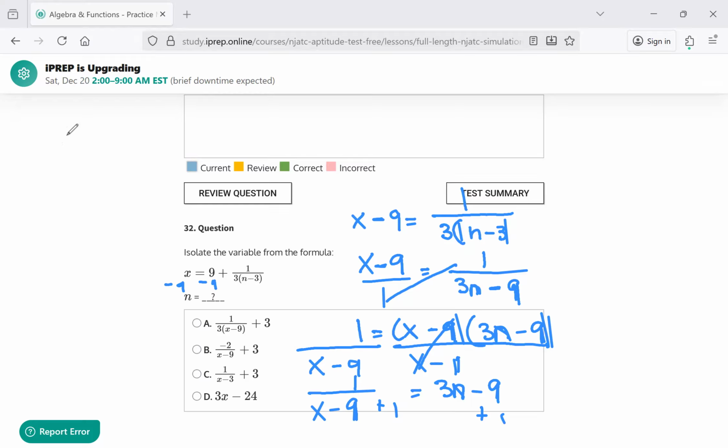So I have 1 over x minus 9 equals 3n. And then the last step is to get rid of this 3 by dividing both sides by 3, everything by 3.